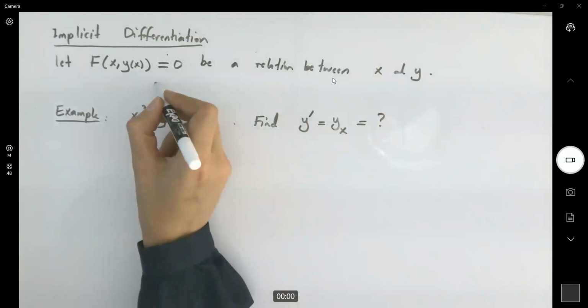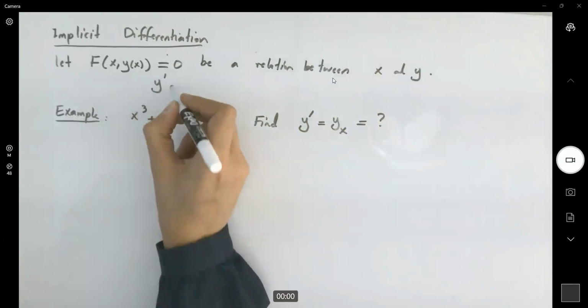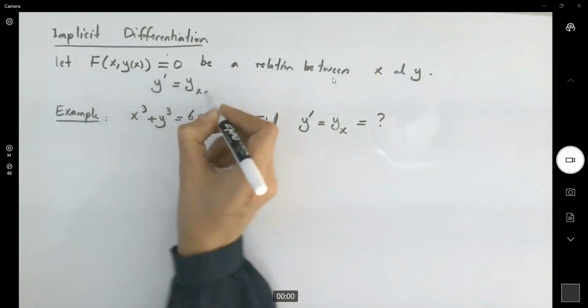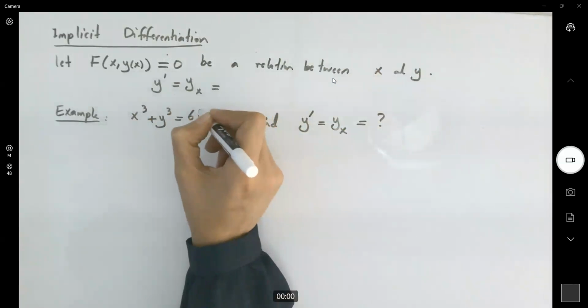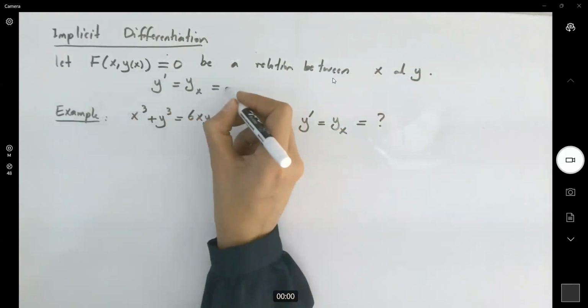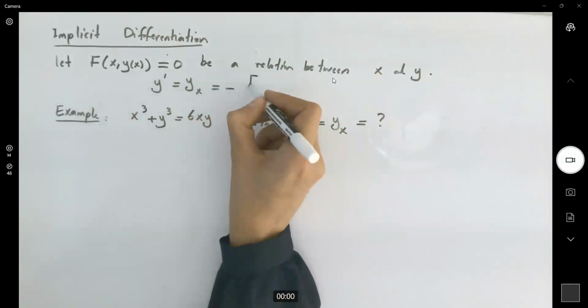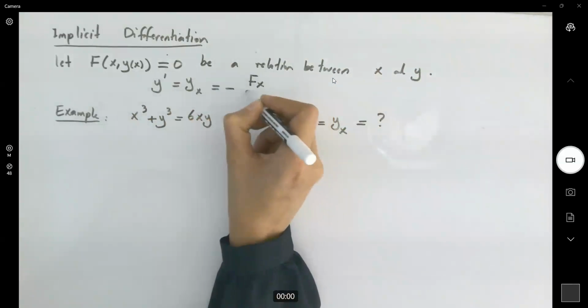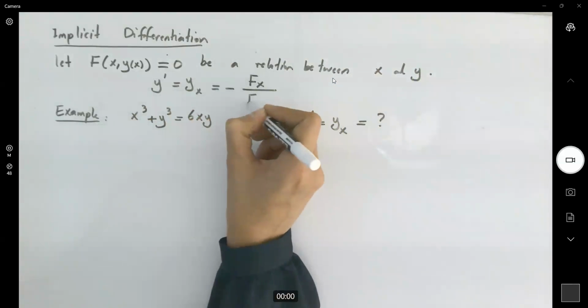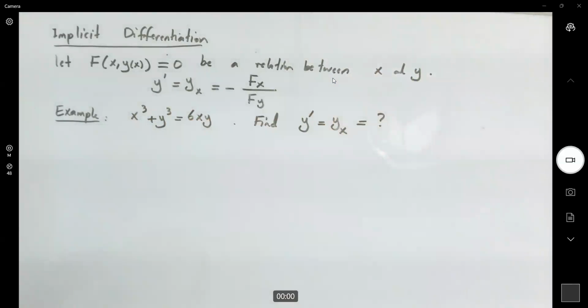In that case, to find the derivative of y with respect to x, we follow the formula: minus the partial derivative of f with respect to x divided by the partial derivative of f with respect to y.